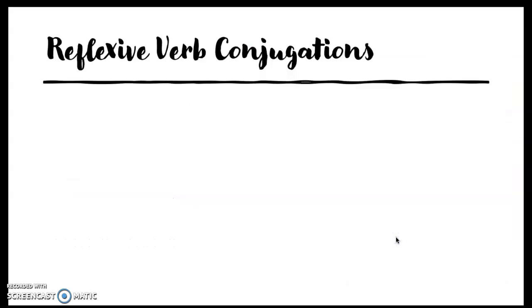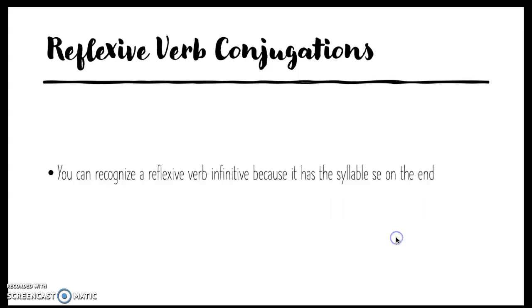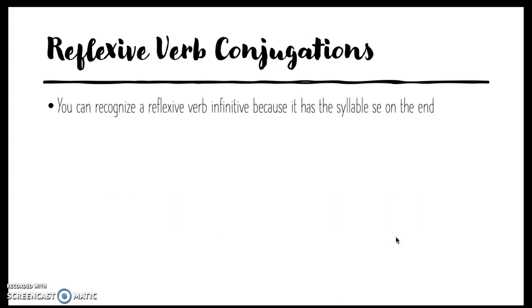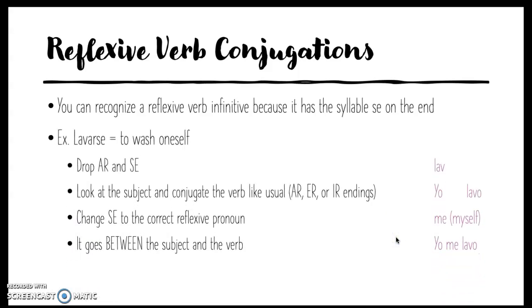How to use reflexive verb conjugations. You can recognize a reflexive verb infinitive because it has the syllable se on the end. For example, lavarse, to wash oneself. We drop AR and se, and so we're left behind here with the stem lav. We look at the subject and conjugate the verb like usual with the AR, ER, or IR endings.